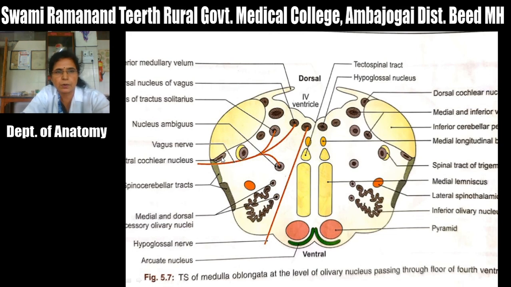There are 4 vestibular nuclei. Out of these, the inferior and medial are present in the medulla, and the superior and lateral are present in the pons. There are 2 cochlear nuclei, ventral and dorsal, named according to their situation in relation to the inferior cerebellar peduncle.